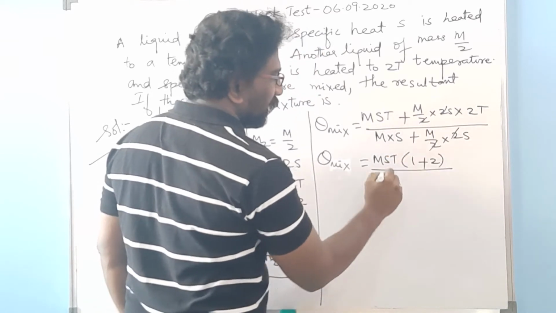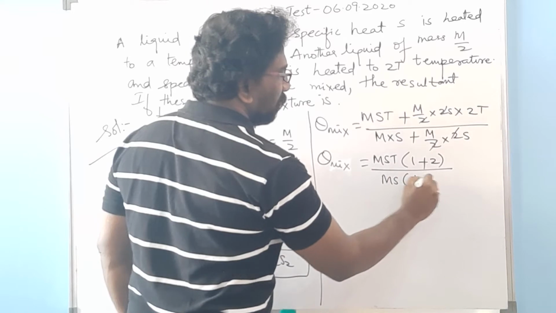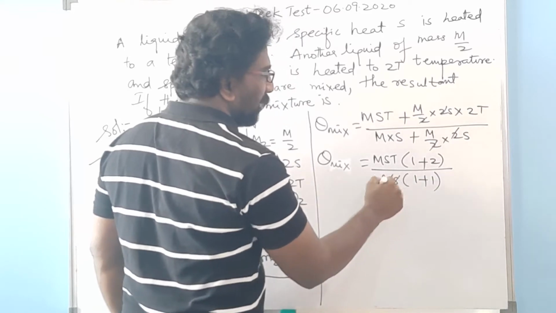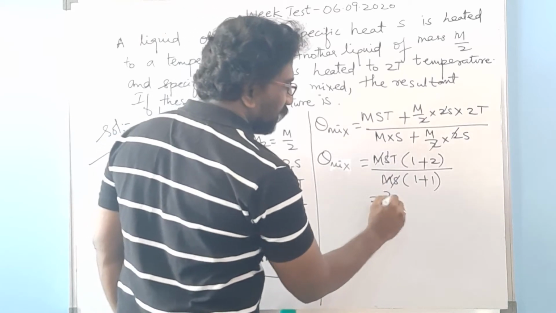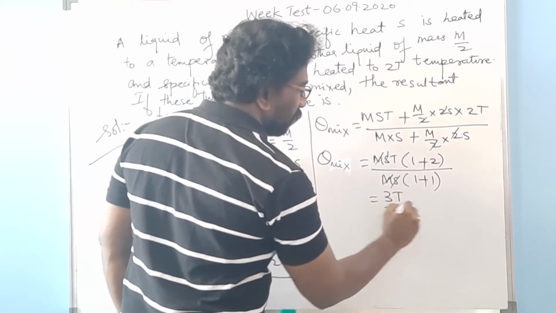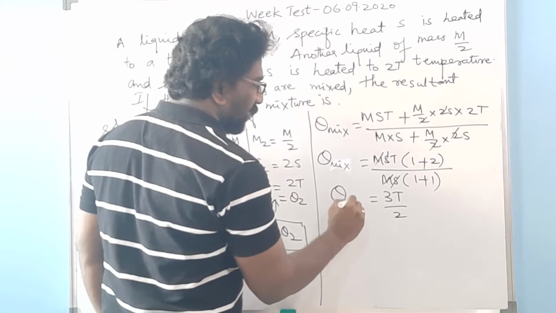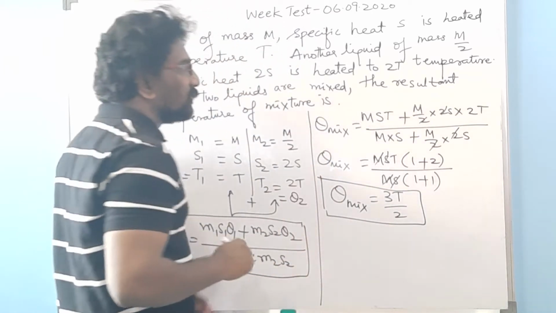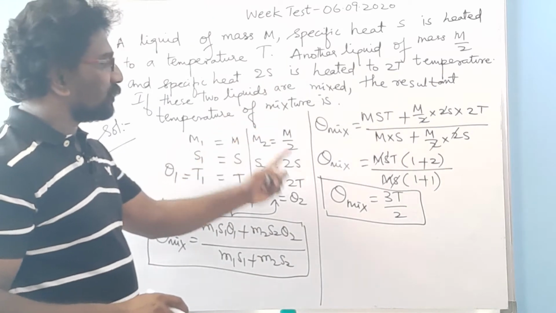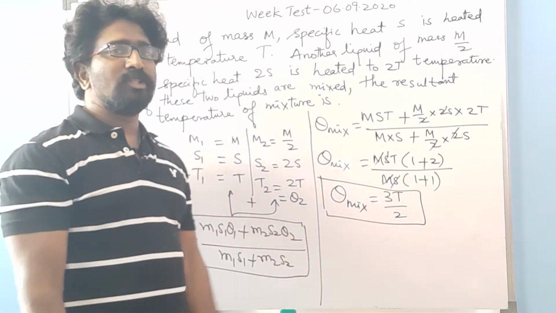Here also in the denominator you can take ms common, and it will be 1 plus 1. Ultimately m and m, s and s will get cancelled. So you will have a value of 3t by 2. So this is your final answer for this particular question. Theta mix, the resultant temperature of this mixture, is 3t by 2.